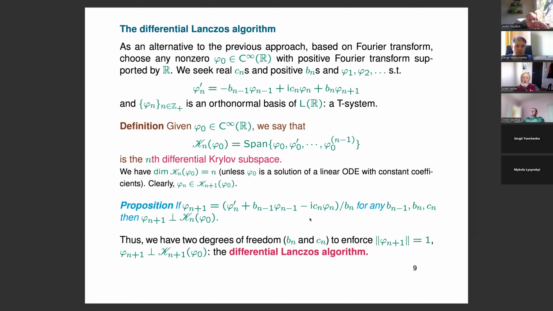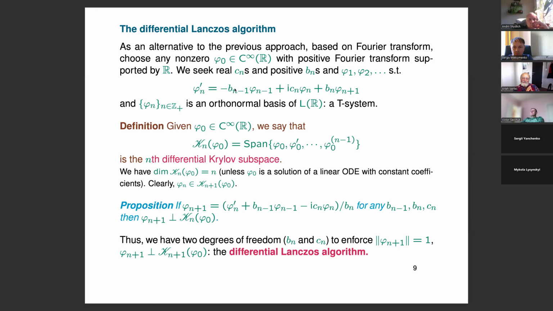And now what I want is to find real numbers Cn and positive numbers Bn and phi 1, phi 2, and so on, so that we have a system like this that obeys this differential recurrence relation, and these functions phi n form an orthonormal basis of L2. In other words, what we want is a T-system for which phi 0 is given. And it turns out we can obtain it, and there is a unique answer to that.